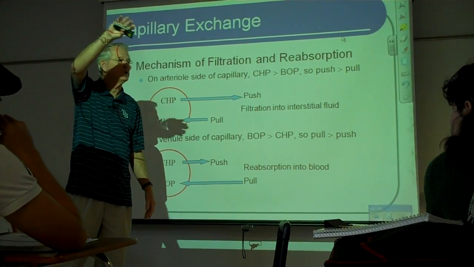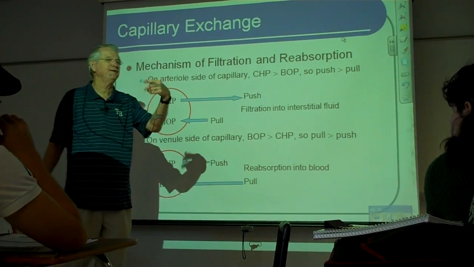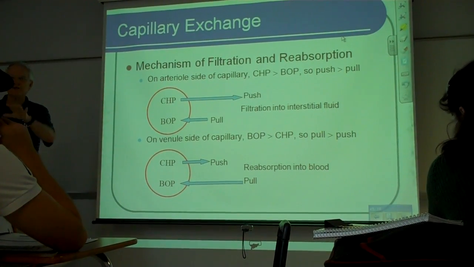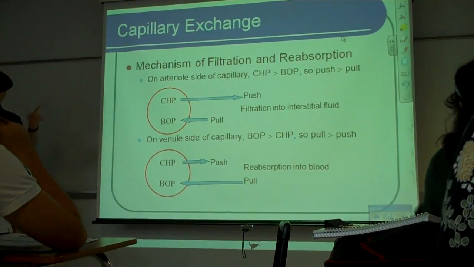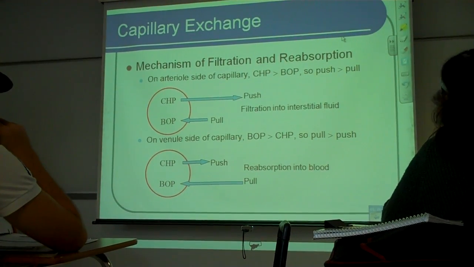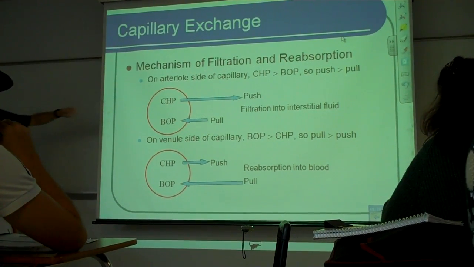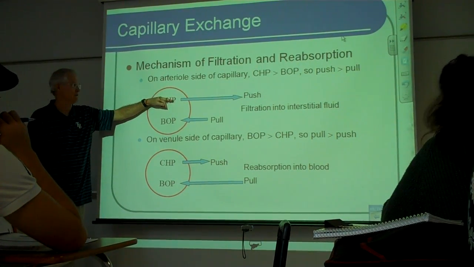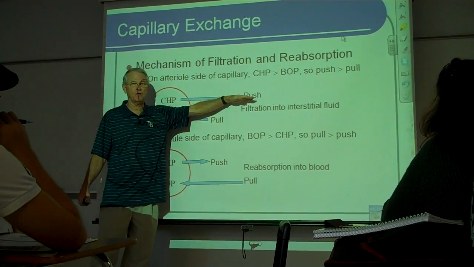the capillary pressure declines. We'll see some figures from your textbook, which, by the way, are not always the same in every capillary bed. I want to make that clear. But it does show some differences in pressure. So the hydrostatic pressure is what's declining. It starts out above the osmotic, so you have this outward flow.